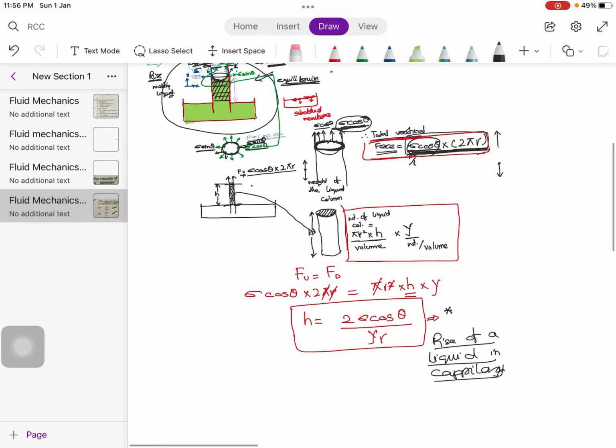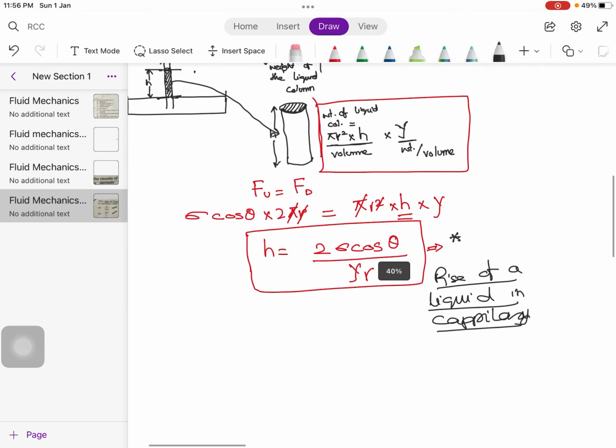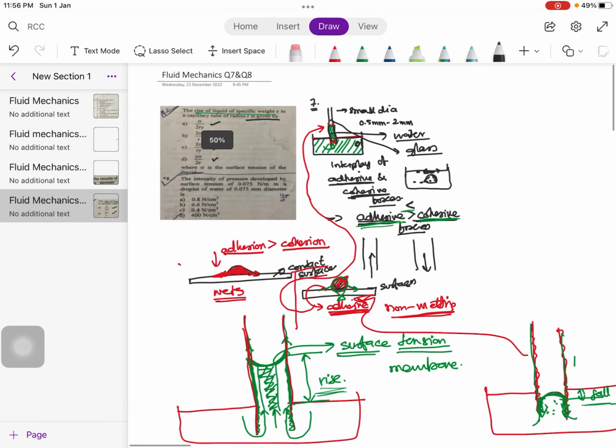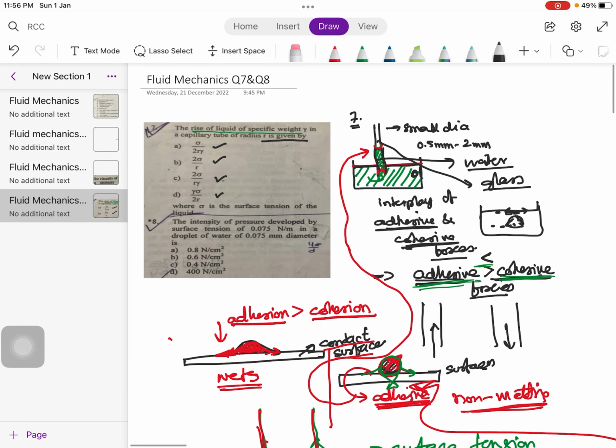So our answer looks similar to option C. We have found that rise is equal to 2 sigma cos theta upon gamma r. So this is the equation for the rise of a liquid in a capillary.